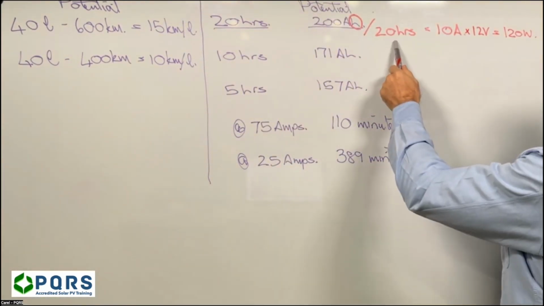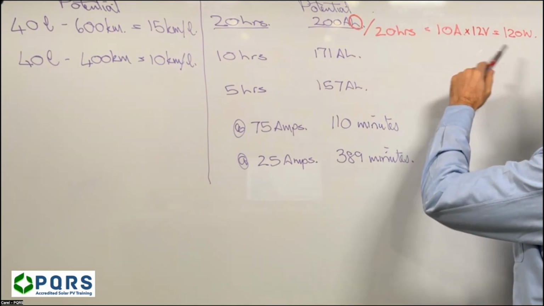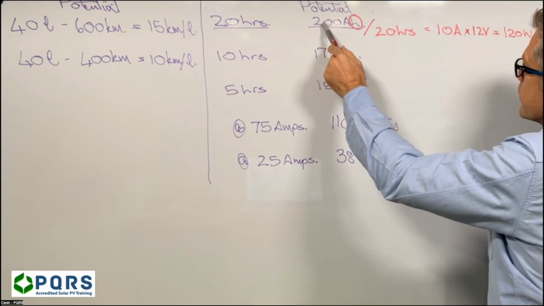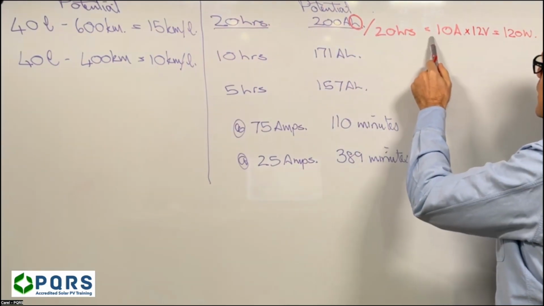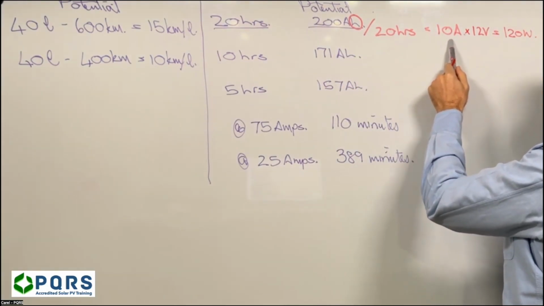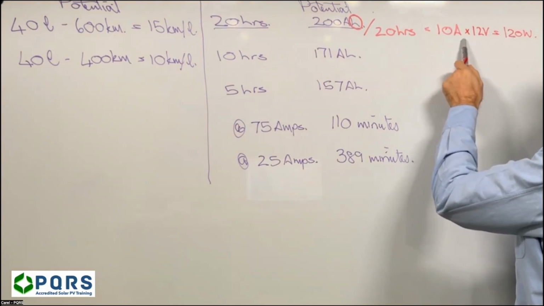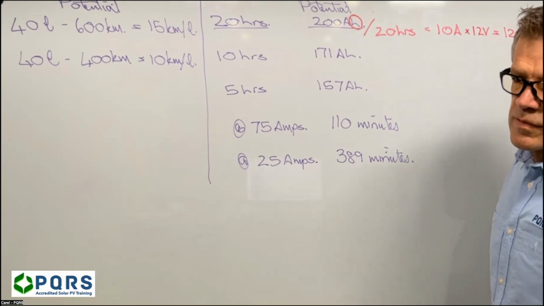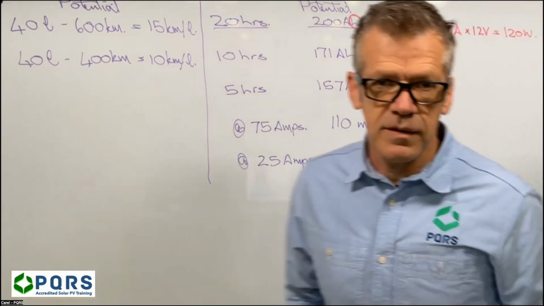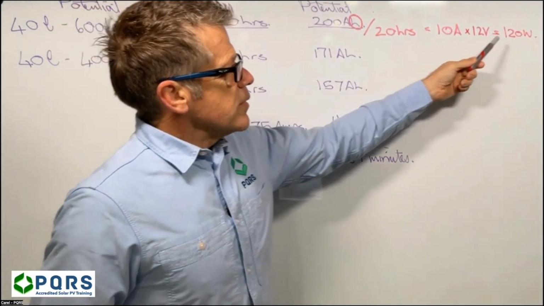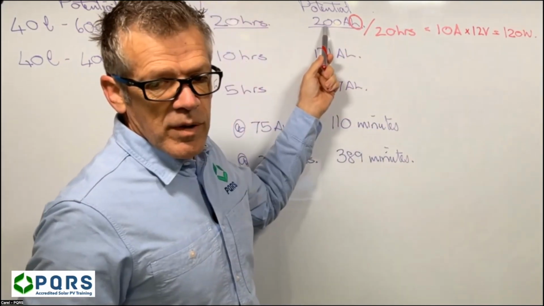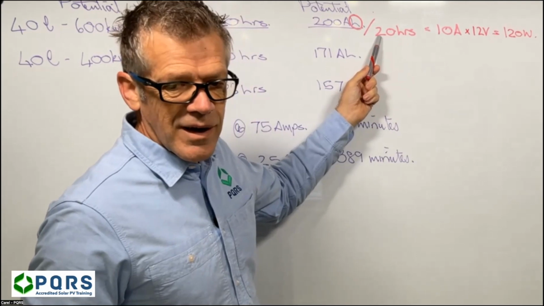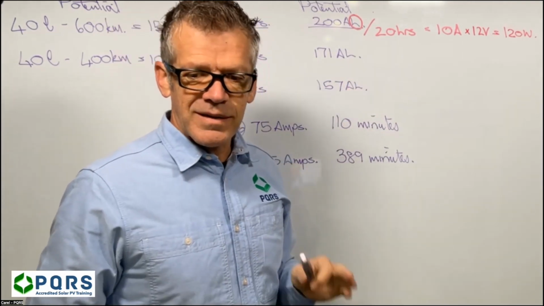Okay, so 20 hours multiplied by 10 amps. 200 amp hours divided by 20 hours equals 10 amps. We multiply the 10 amps with 12 volts because it's a 12-volt battery, and that gives us 120 watts. So what the data sheet is saying is if we are going to be discharging this 200 amp hour battery at a rate of 120 watts, it'll last for 20 hours and then it is completely discharged.